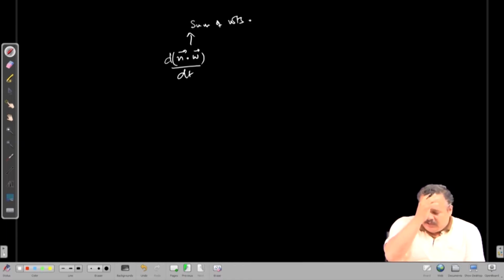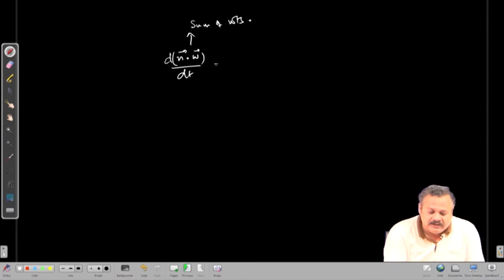So, d(n dot w)/dt, which is the derivative of the sum of all the weights, we require this to be constant, and that is why that additional term has been introduced.